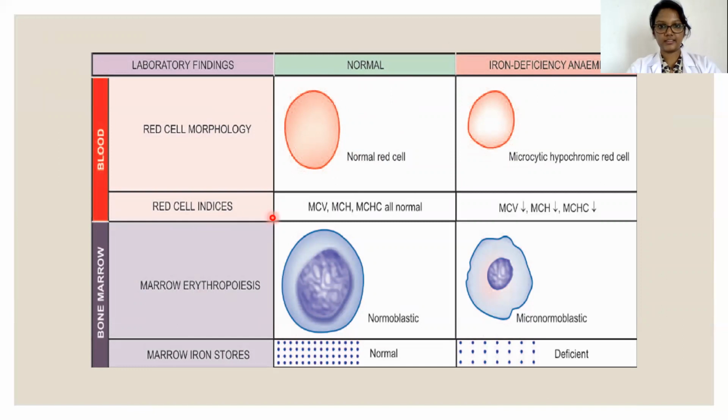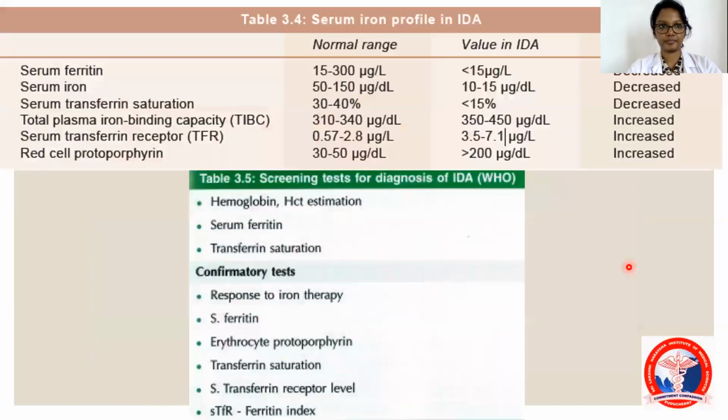In a normal patient the red cell indices MCV, MCH, and MCHC will all be normal, whereas they are all reduced in iron deficiency. The marrow erythrocytes will be normoblastic in normal cases, whereas they will be micronormoblastic in iron deficiency. And the iron stores are significantly reduced in iron deficiency.